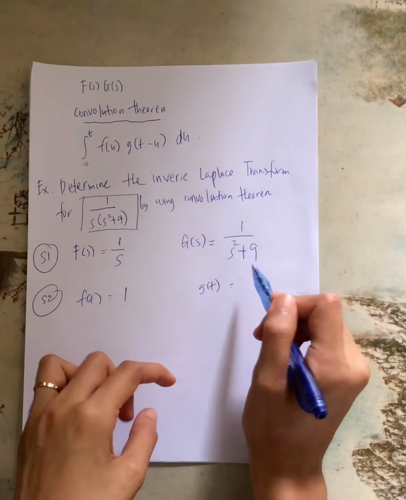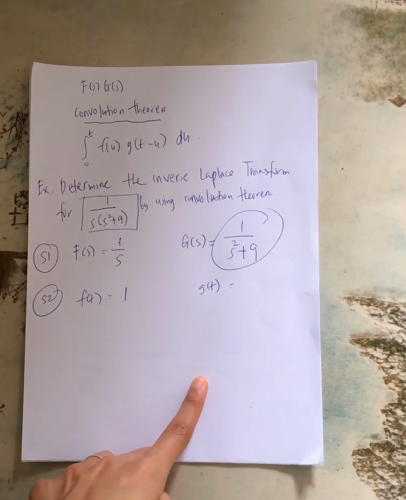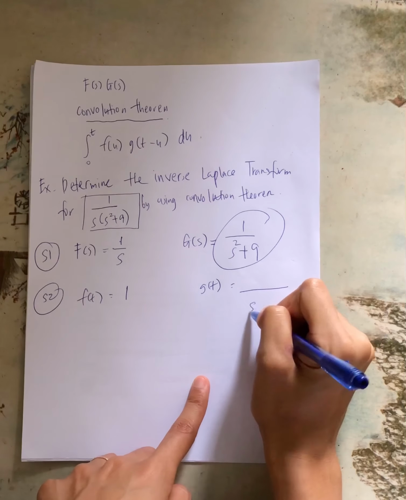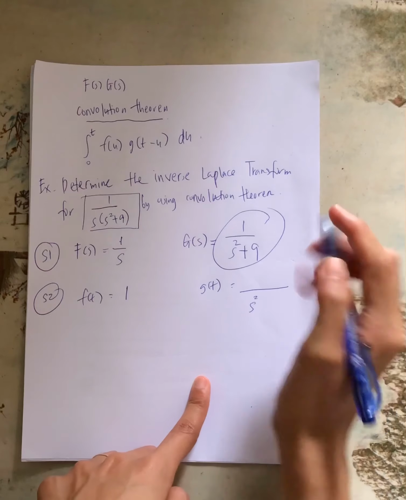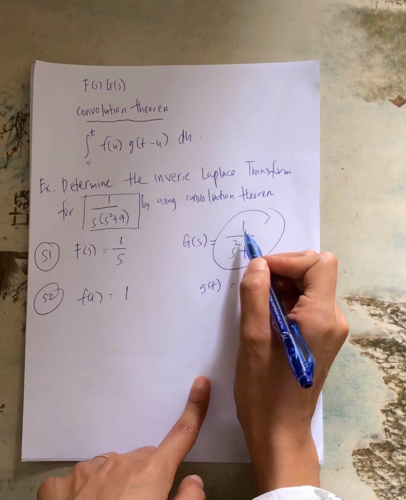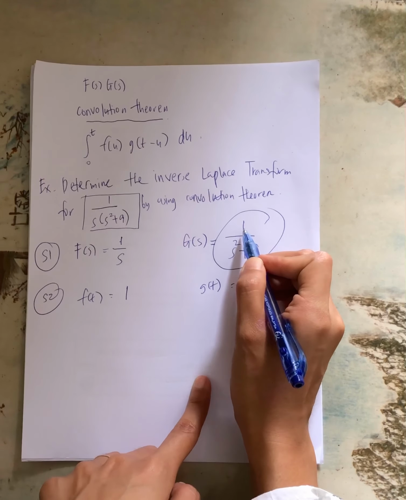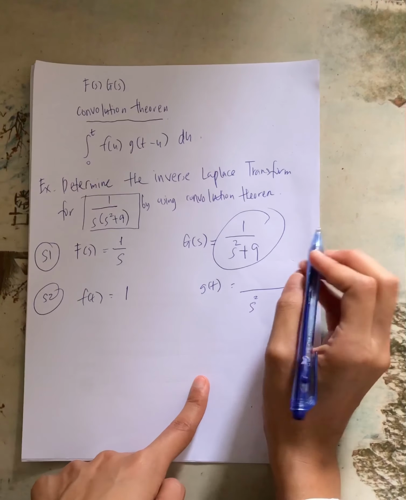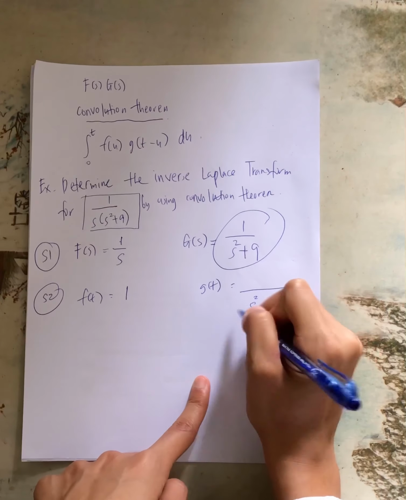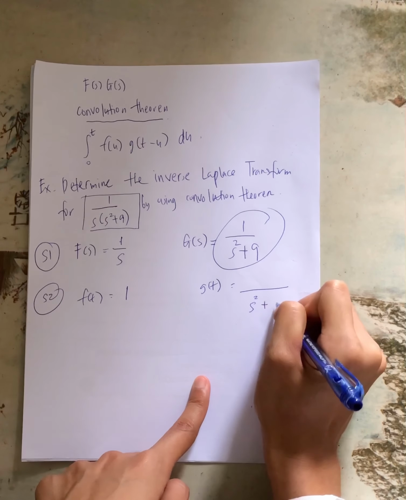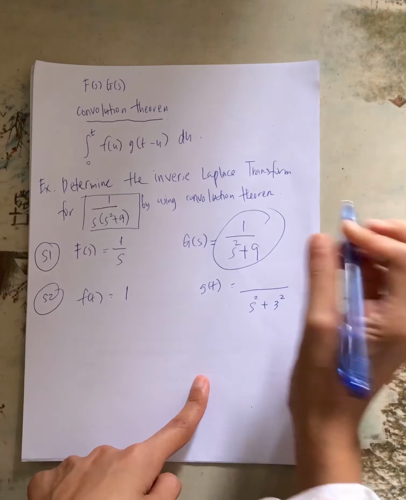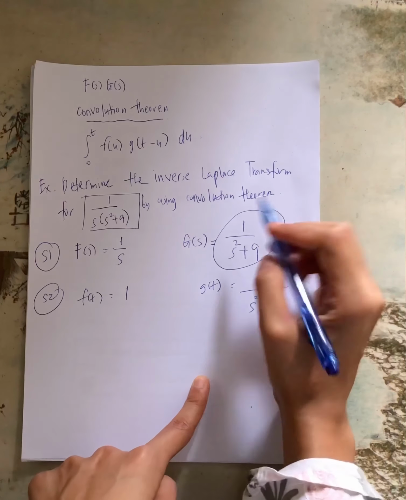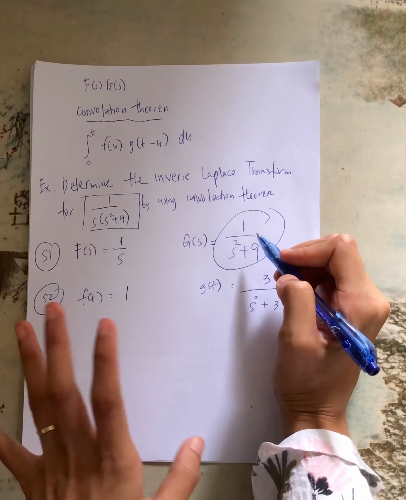How about 1 over s squared plus 9? This is trigonometry, so either cos or sine. Like I said before, you need to check the numerator. If the numerator is a constant, that means sine. If the numerator is s, that is cos. Now it's a constant 1. But this is s squared plus 3 squared, so the numerator is supposed to be 3, but the original is 1.